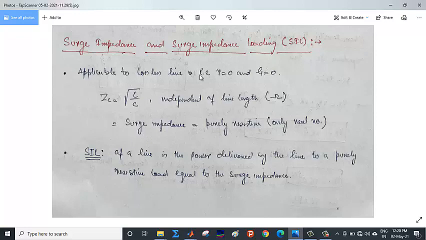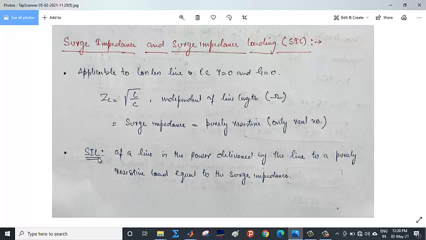It is purely resistive in nature, because it contains only a real number. There is no imaginary number, so the angle will be 0. That's why it is known as the surge impedance of the line.